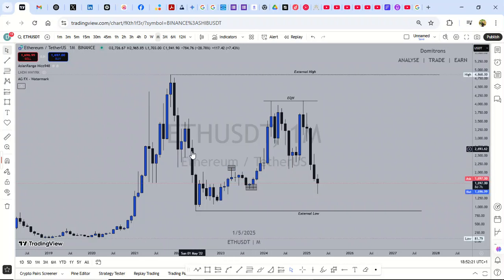We violated this fair value gap from here, swept this high right here, we trade lower, and I'll be expecting it to give me a new high so that it can go for this high, but in this case it just tapped that high, giving us an equal high, then it trades backwards.